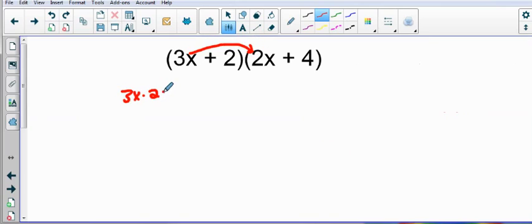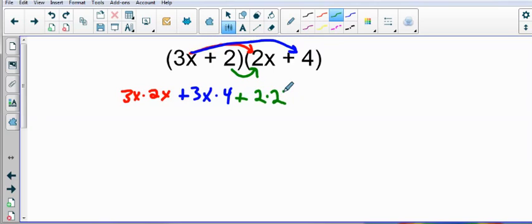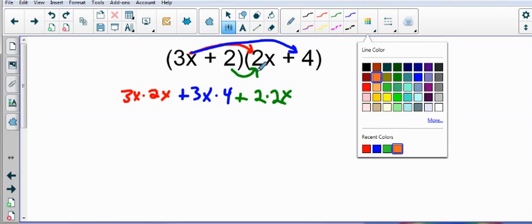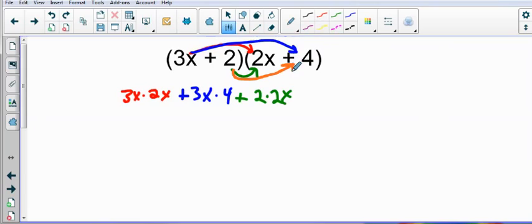All right, then we did 3x times 4. Again, positive times a positive is positive. Okay, and then we went to 2 times 2x. Positive times a positive is a positive, so 2 times 2x. And then finally, we did 2 times 4. Positive times positive is positive.